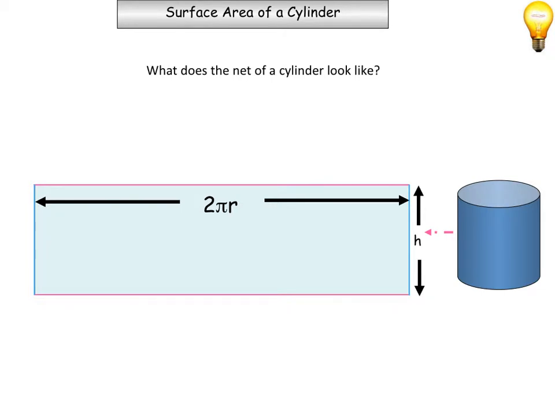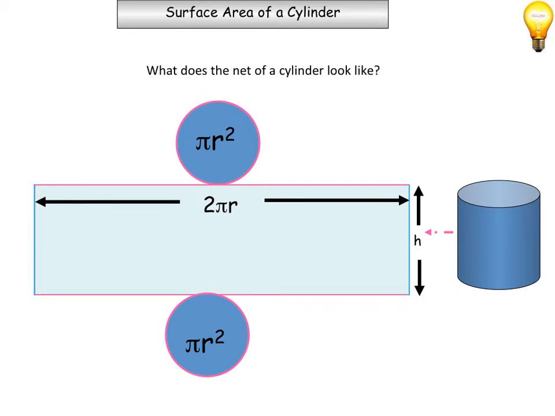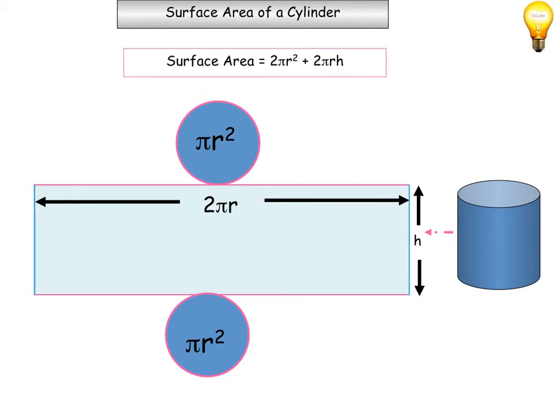Okay, so 2 pi r is the circumference of a circle, so that circumference, if you unravel that, would be that distance or the length of the rectangle. And of course you have the base, which is pi r squared, and the top, pi r squared. So the surface area will be pi r squared plus pi r squared, so you have two lots of pi r squared.